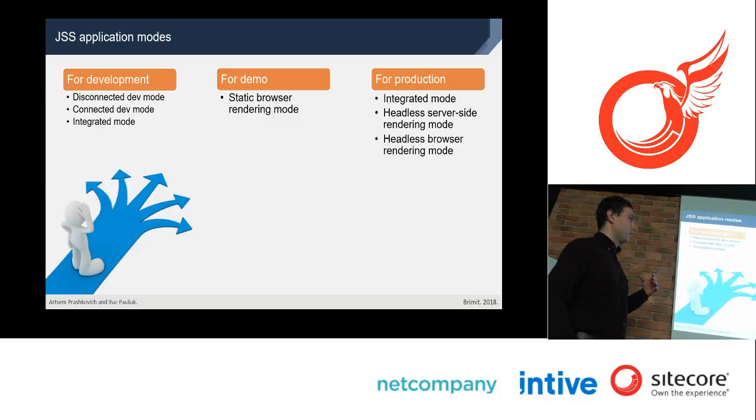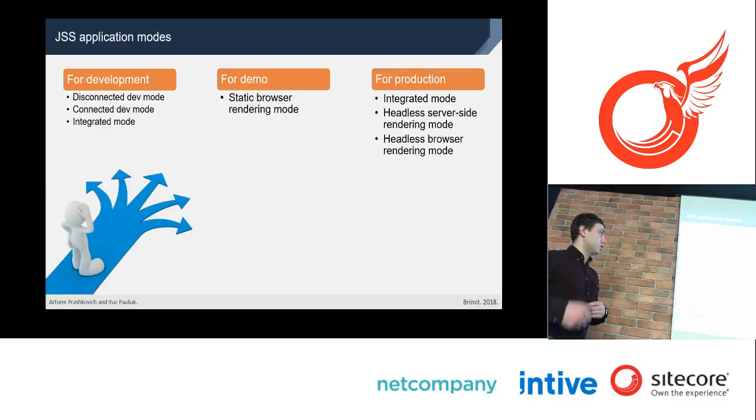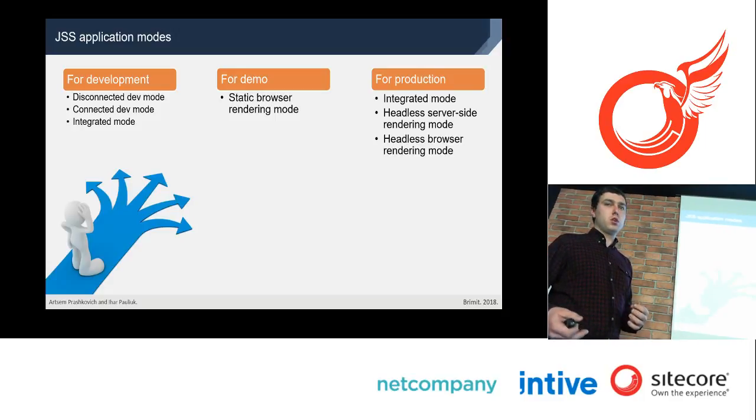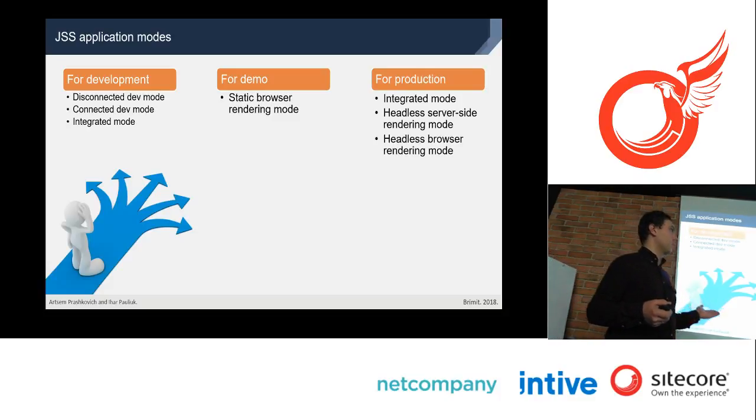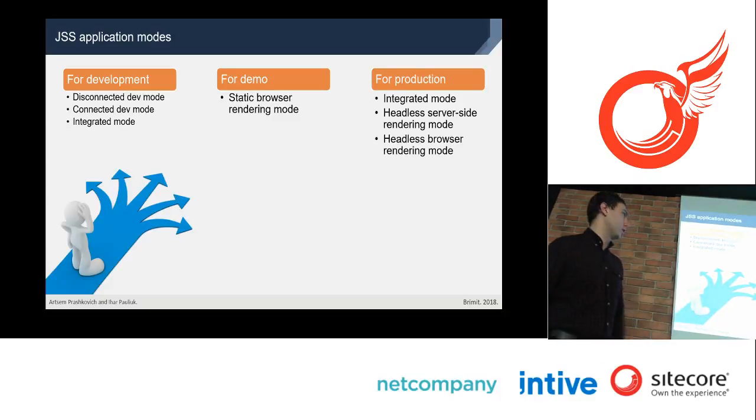It can be JSON files in disconnected mode, where the data for our site comes from local files, and it allows the front-end developer to work disconnected from Sitecore, or the data can come directly from Sitecore.